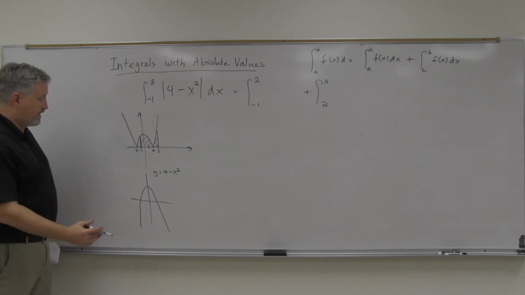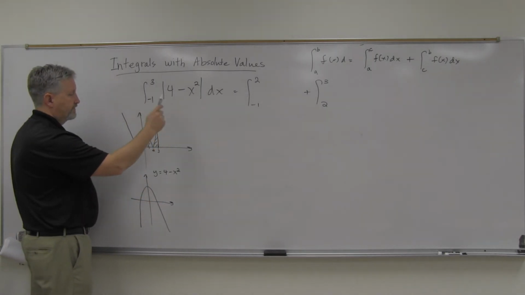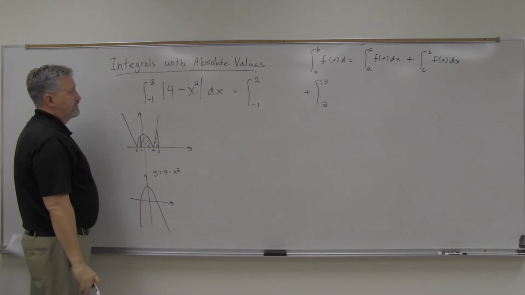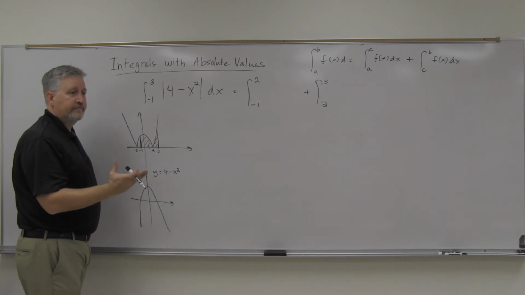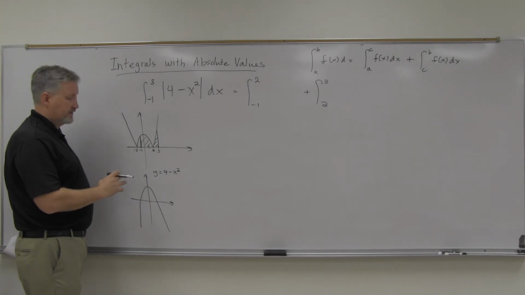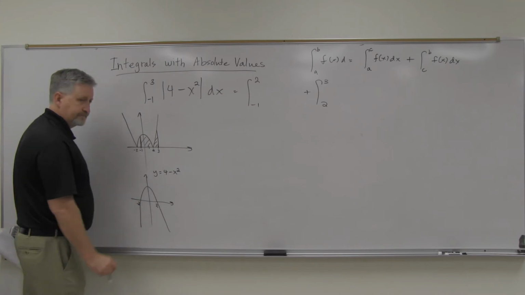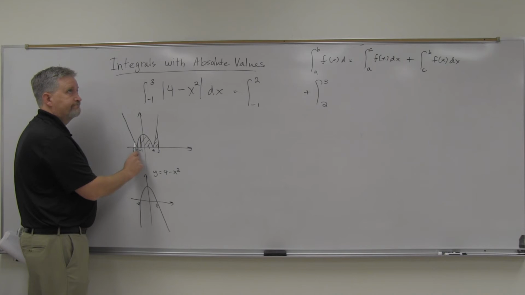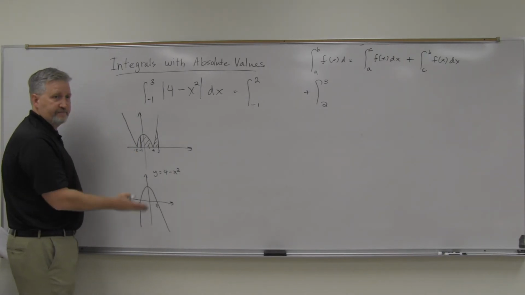And the way I like to describe it is, for the absolute value of 4 minus x squared, the pieces that get negated are the ones that are flipped up. So here's what I mean by that. So this is 2, this is -2. The pieces that are negatives of 4 minus x squared are the pieces that get flipped up.